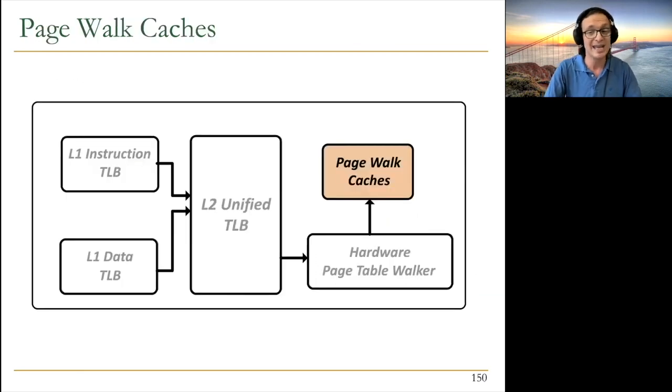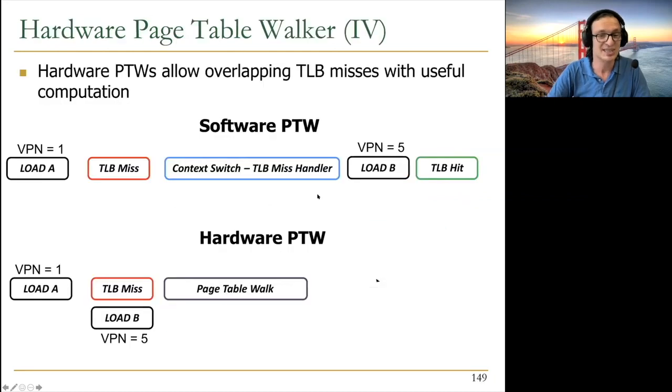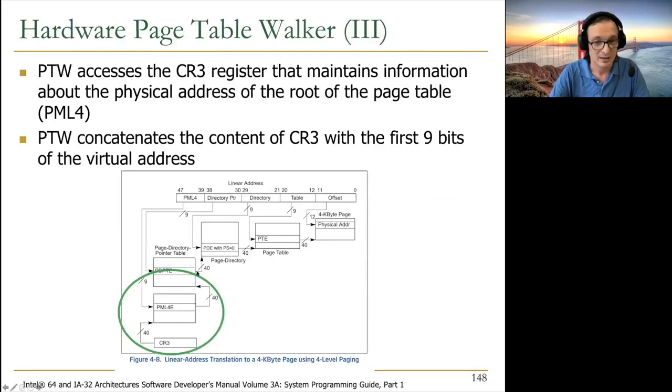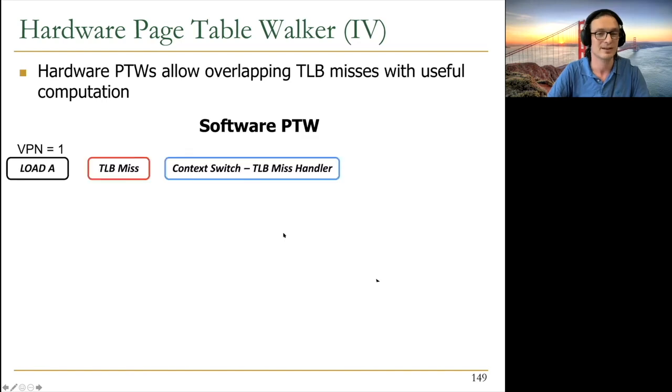Okay, finally, to aid this hardware page table walk, there are page walk caches. As we discussed, it's different from the TLBs because TLBs cache the page table entries, the leaf nodes in the last level page table. Page walk caches cache stuff, going back to this picture, from essentially all of these other levels, not the real page table that you're looking for.